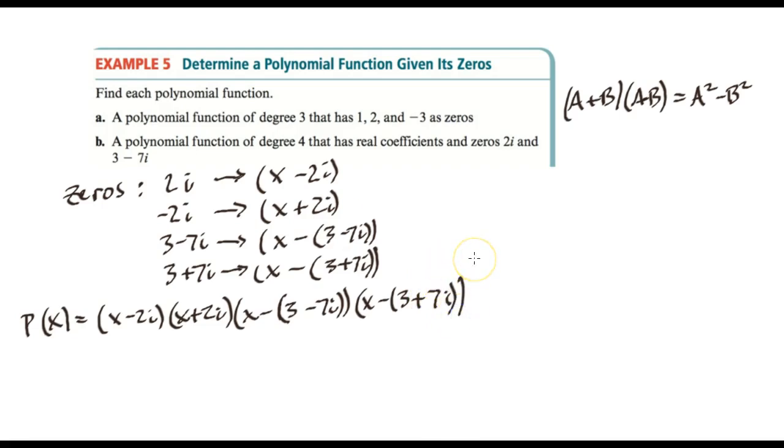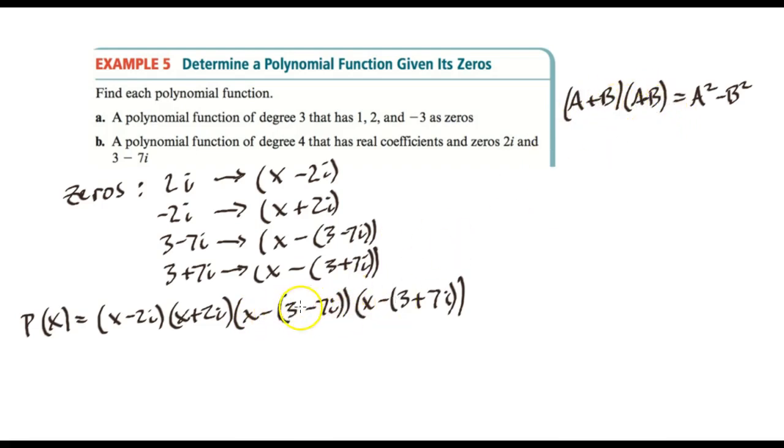Now, we want to rewrite these last two so they're in the form a plus b and a minus b. It's not quite in that form because we have x minus and x minus. We want x plus and x minus. So anything that has the same sign, we're going to want to move to the left because that's our a, and anything that has opposite signs, we're going to put on the right.